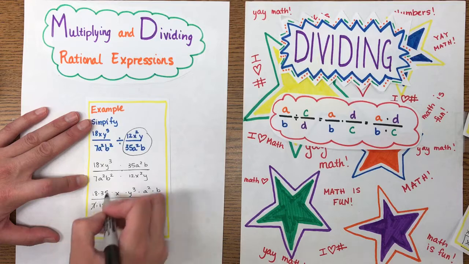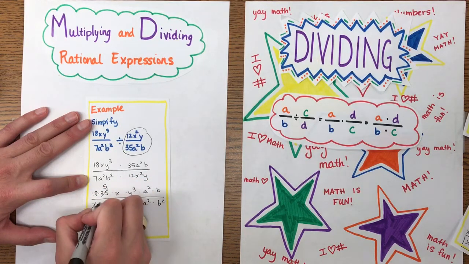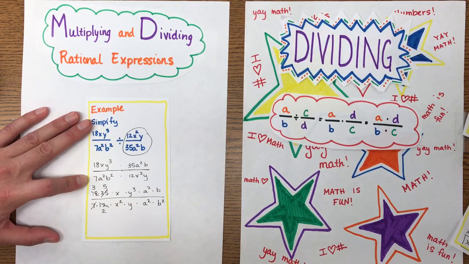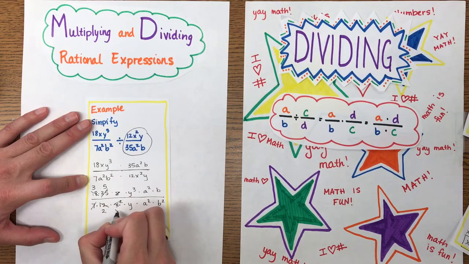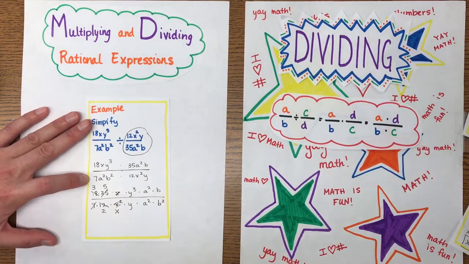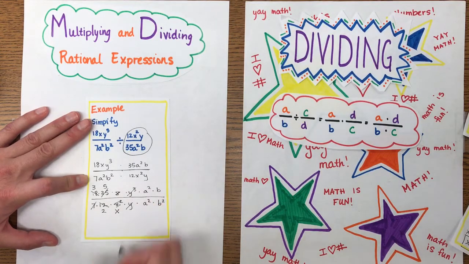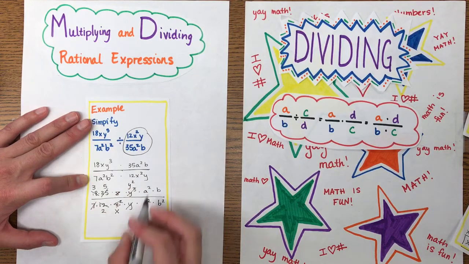All right, so the 7 can cancel with a 7 from the 35 and leave me with a 5. 6 can cancel from each of these, leaving me with a 3 in the numerator and a 2 in the denominator. The x in the numerator and the x squared in the denominator will become just an x in the denominator. Y cubed in the numerator and y in the denominator will leave me with y squared in the numerator.